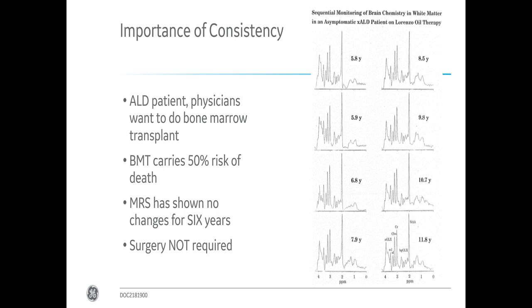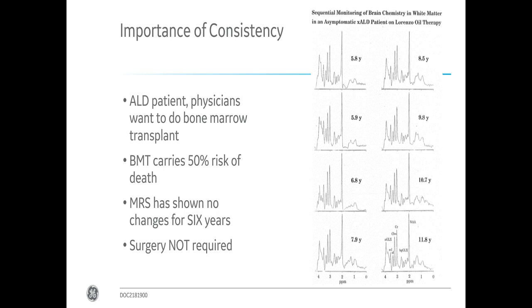It's also a longer time ago that this data was acquired, and at that time Lorenzo's oil was a controversial treatment. So there was an agreement with the parents to do the spectroscopy and follow up and see if there are any changes in the brain metabolism.